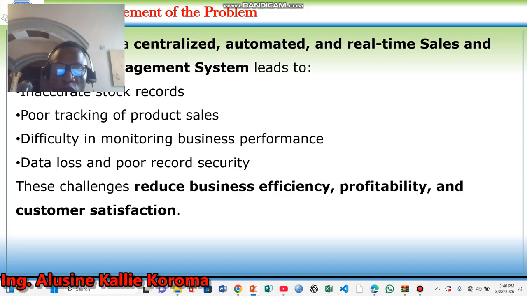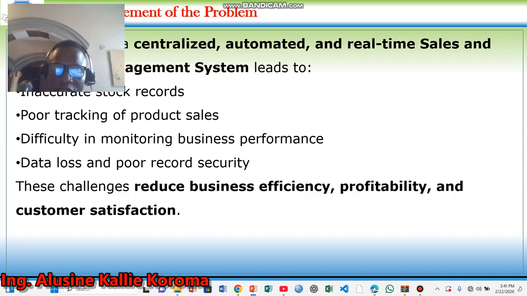If you want to track what they have sold for the day, they cannot manage it properly because of the lack of an automated inventory system. Also, difficulties in monitoring business performance, data loss and poor record security. Since they are dealing with a paper-based system, sometimes they lose their data, which leads to poor records and poor security, as their records are not well secured.